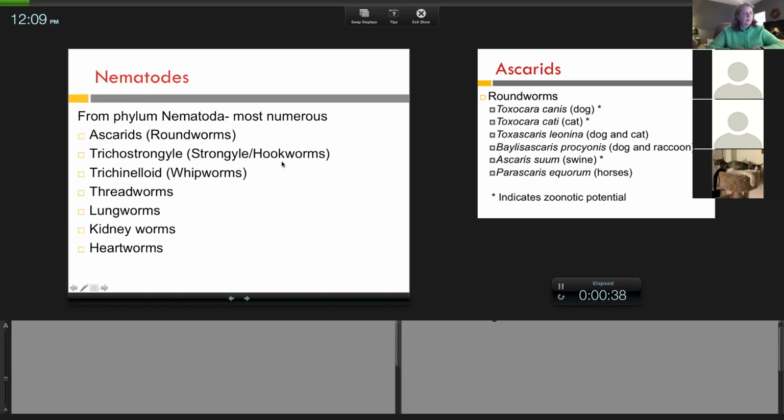The way I remembered a hookworm is a strongyle: I think about strongyle, strangle, like a hook strangling something. You guys know I try to come up with weird things to remember things, but I don't know if that helps. Now you have your whipworms, and threadworms, lungworms, and kidney worms, which are less common.